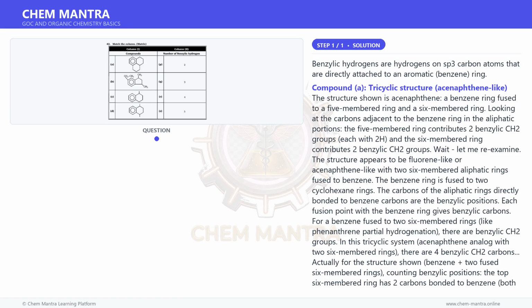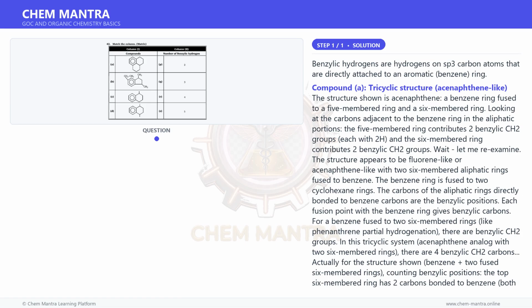Compound B, indene with ethyl and 2 methyl groups. The indene core has a benzene fused to a 5-membered ring. Benzylic carbons are C1 and C3 of the 5-membered ring.